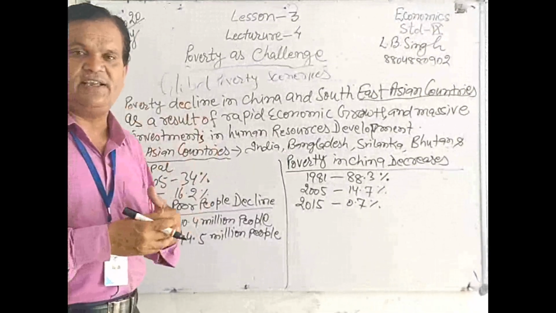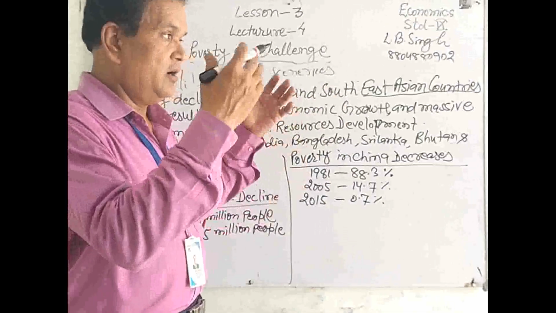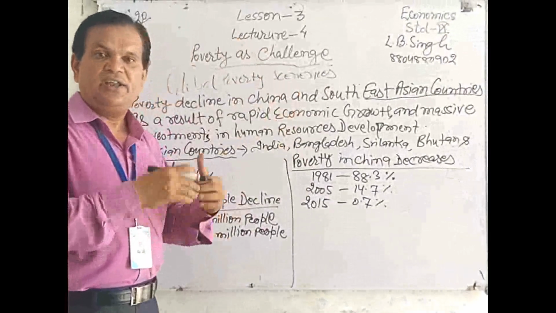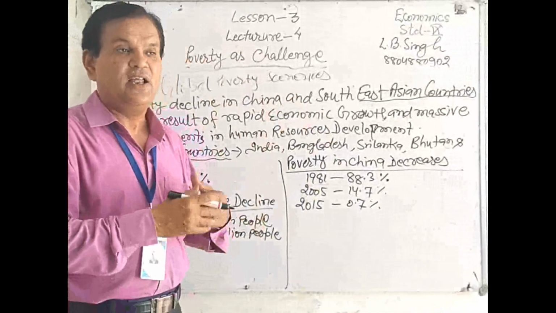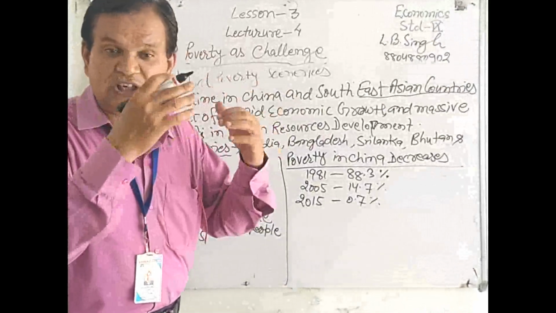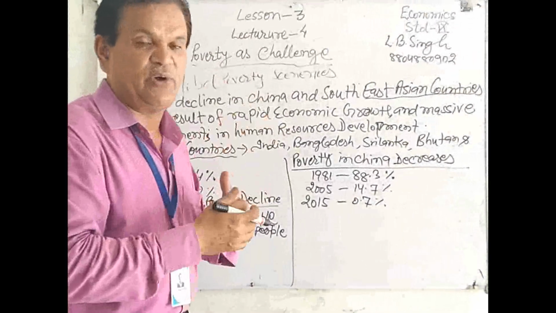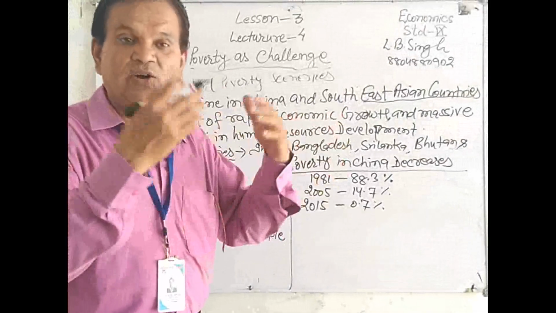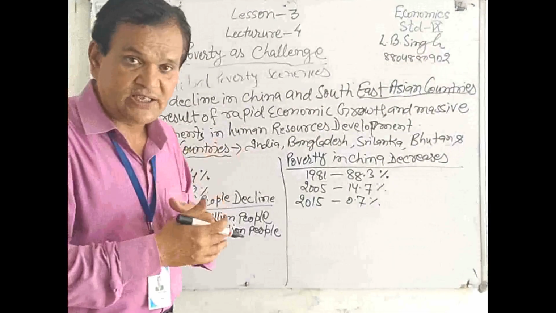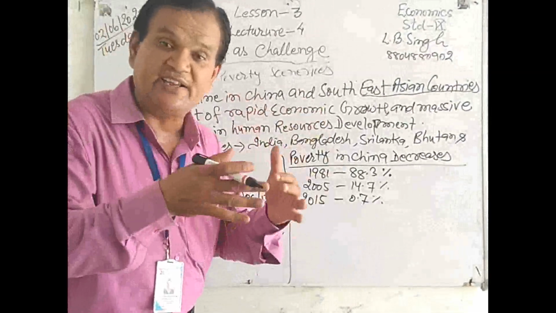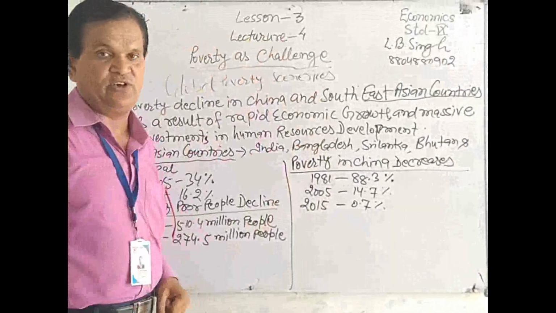Do you know this thing? According to the forecast news by the World Bank, UNO, United Nations, near about 2030, this is 2020, there will be removal of poverty from the world because all the countries are trying to remove poverty with their total effort.